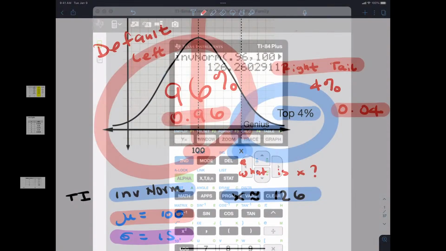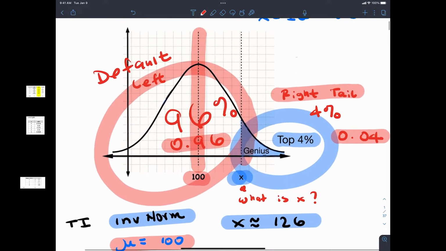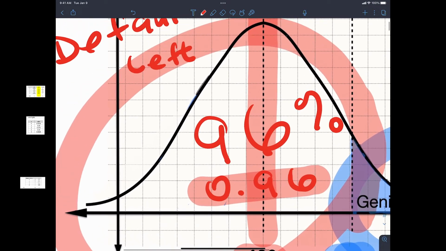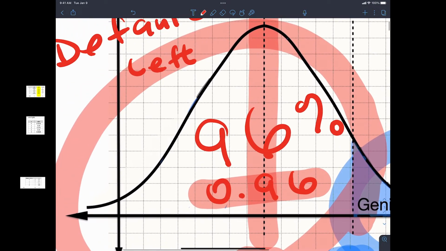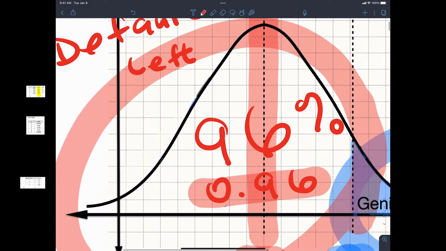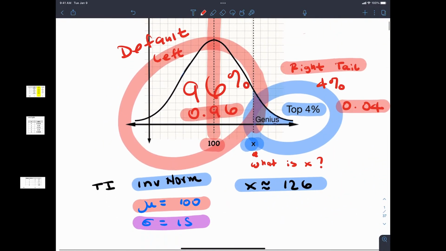That's the area that is to the left of this X value. Remember? This value of X, the area to the left is 96. Yes. So those of you guys that don't have the option, you always have to use the default.